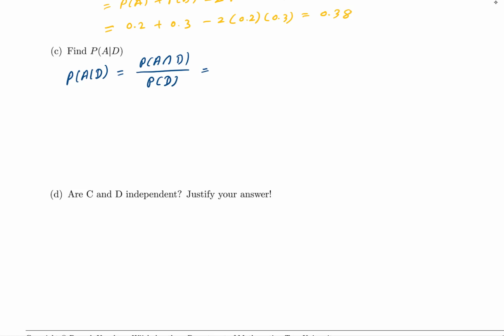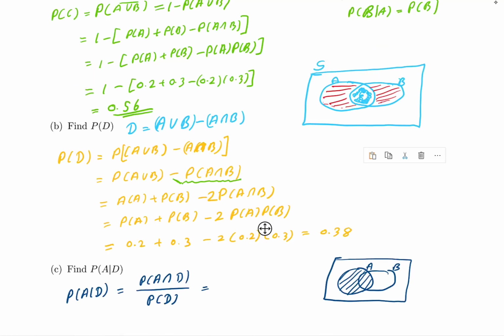Okay, again think about this. You know this is A. Let me draw this, okay? And this is B. So A and D, you know A is this area. Then D, according to this explanation, is the red color area, you see this.